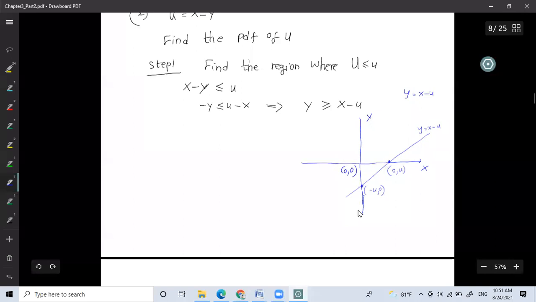Okay. And what is the region? You have to have y greater than x minus u. So you'll find that the region is this upper side.